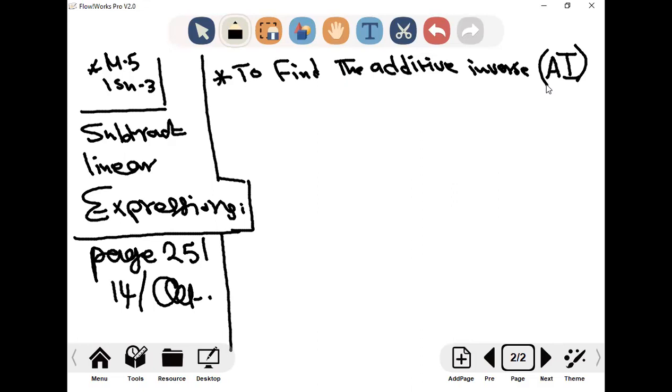To find the additive inverse for a linear expression, what do I do?